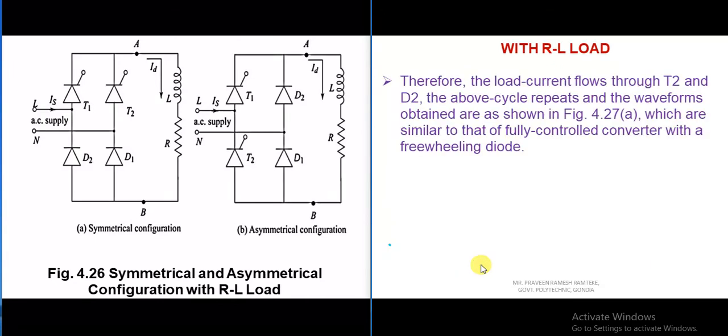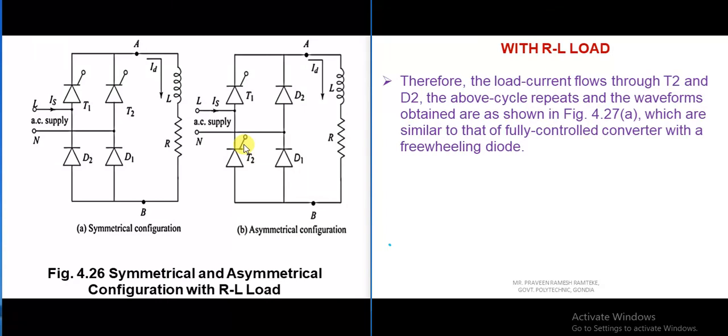Therefore, the load current now flows from terminal N, T2, then inductor L, R, D2 and L, which is similar to a fully controlled converter with freewheeling diode.